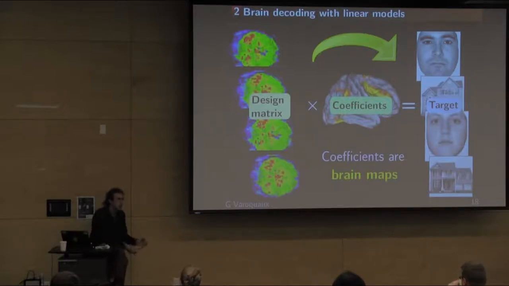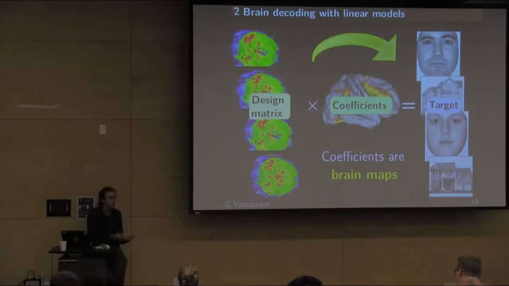So if you think about what the linear model is, it's really learning a pattern, a set of weights on the brain that link brain activity to the stimuli. With this, maybe we can start saying that we've recovered brain regions that predict the stimuli.